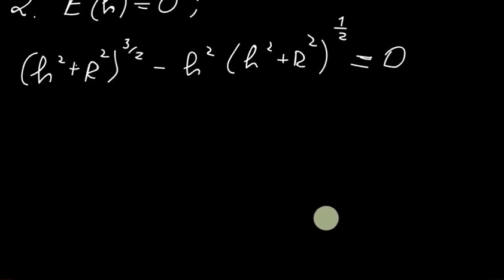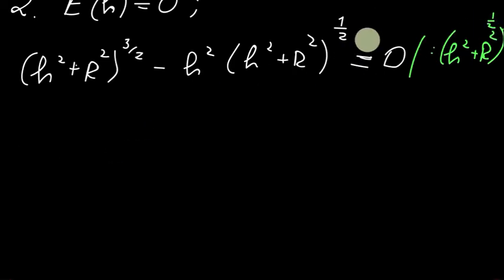Because h and r are definitely not 0, as we are dealing with a real world problem in physics, we can divide both sides by h squared plus r squared to the power of 1/2. Okay, I'm lacking space here.